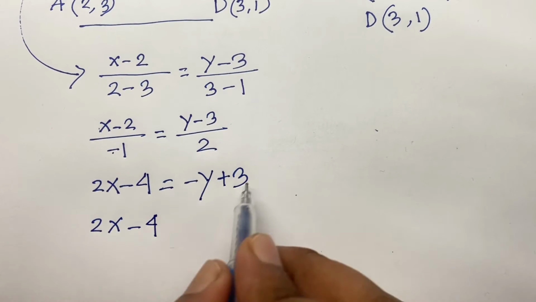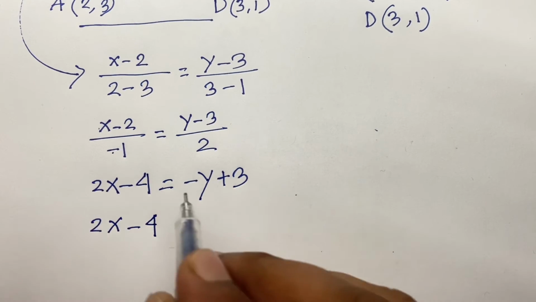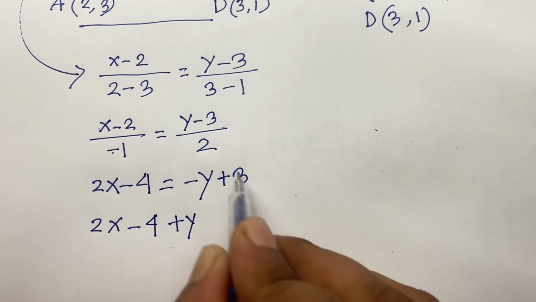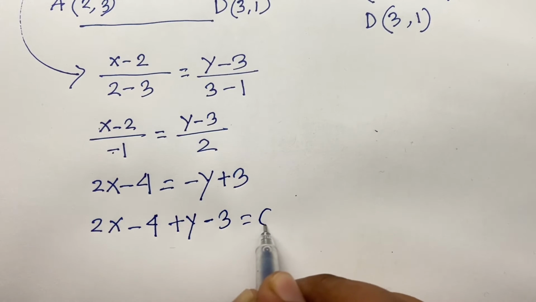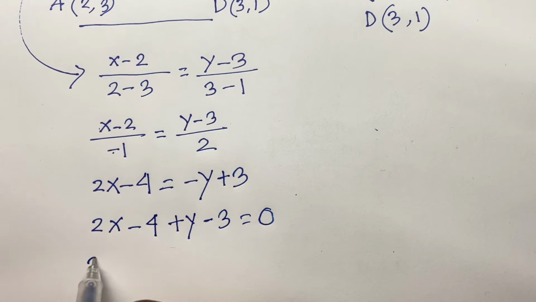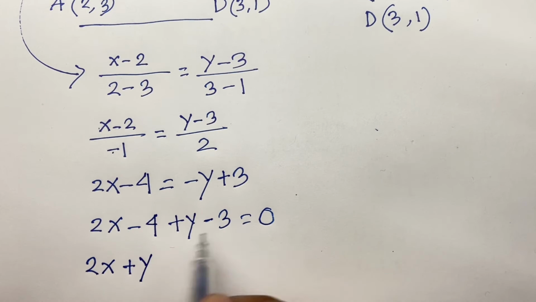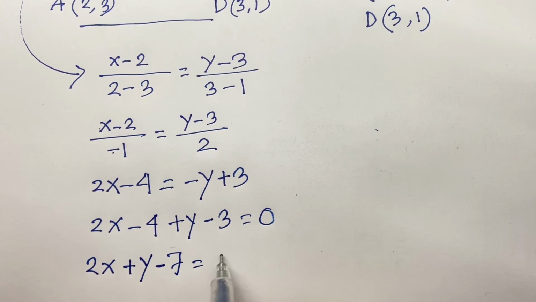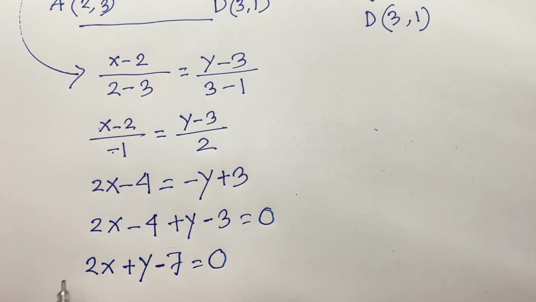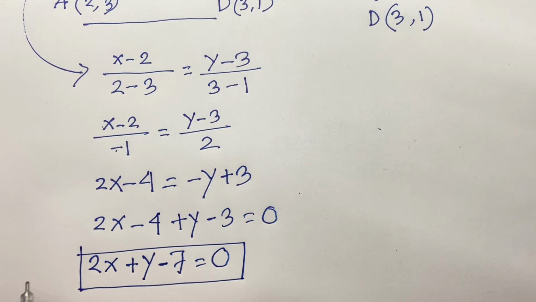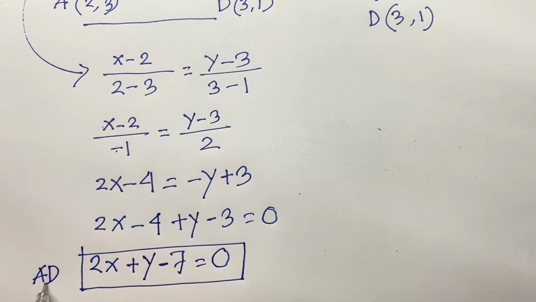I move this to the left side, so just change the sign. So here is plus y and this is minus 3 is equal to 0. Now here is 2x plus y and minus 4 minus 3 is equal to minus 7 is equal to 0. This is our final answer. This is the equation of AD.